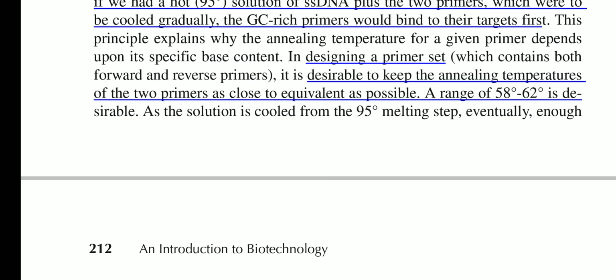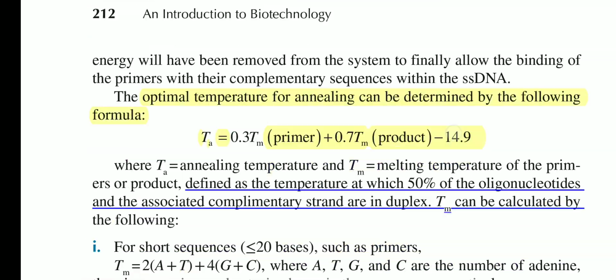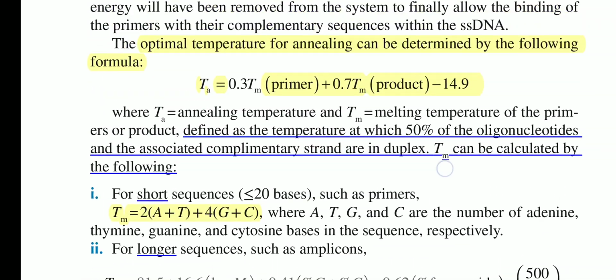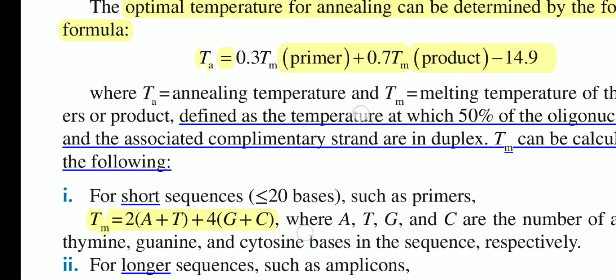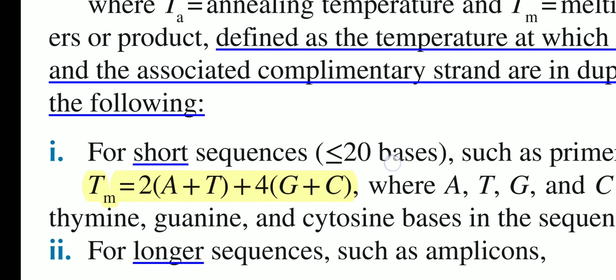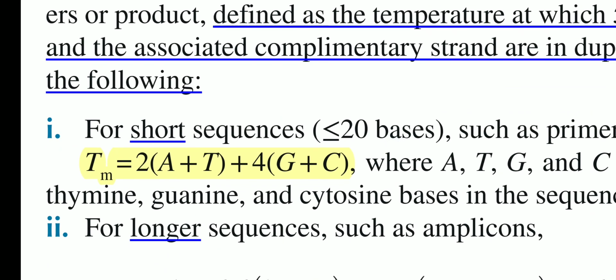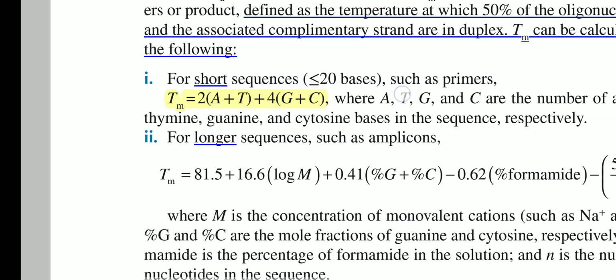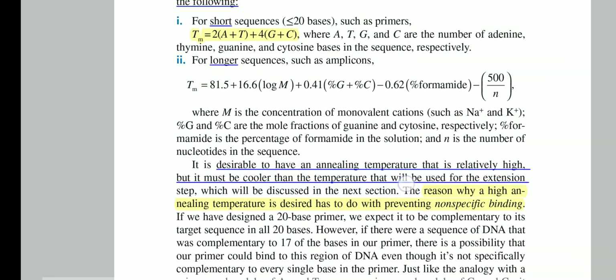Because if they're not properly annealed and we are carrying out our extension, then it will be problematic. It won't occur. So this is the formula, and here it's written for short sequences up to 20 base pairs, 2 into AT plus 4 into GC. The ratio is like your 60 to 40. Formula is there.